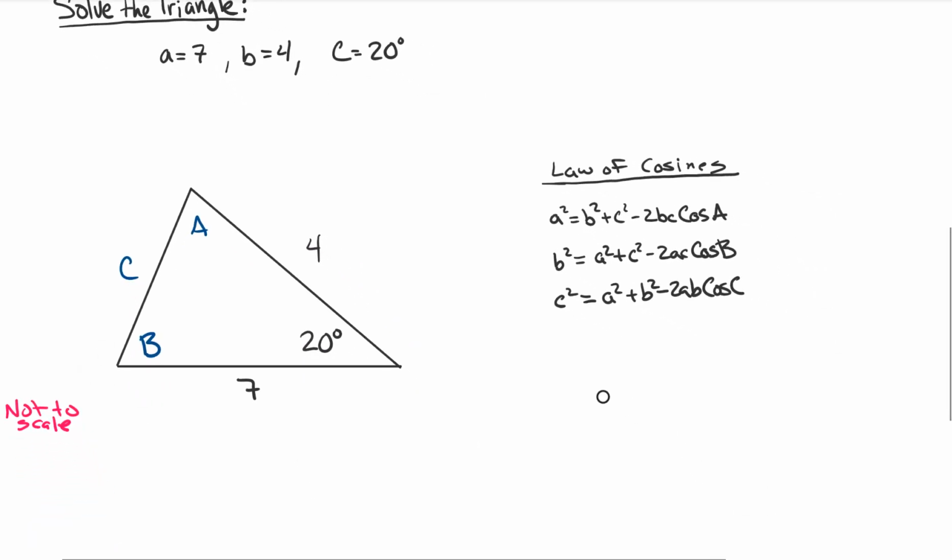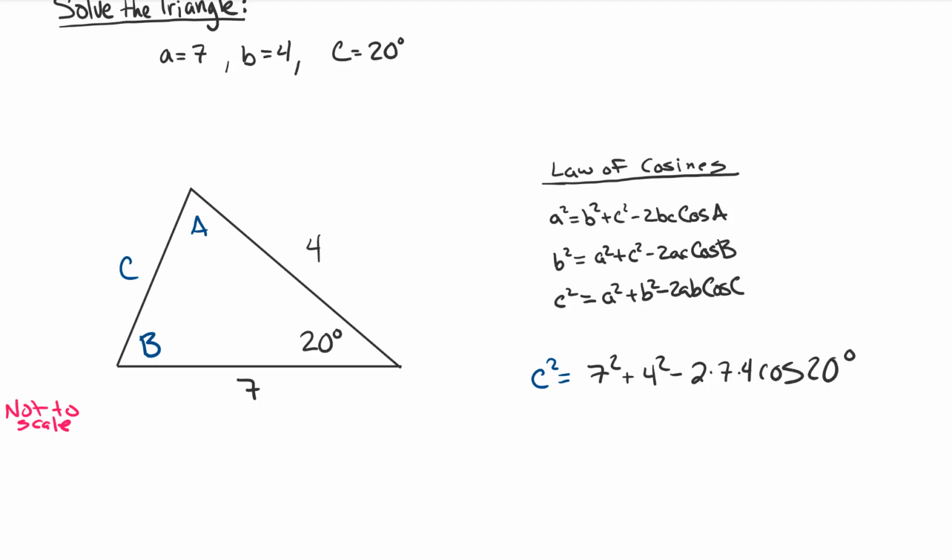Let's set it up. So we're going to say that C squared is equal to, let's set it up in this way, A squared, which is our 7 squared, plus our 4 squared, minus 2 times 7 times 4 times cosine of the angle that's in between, that 20 degrees.